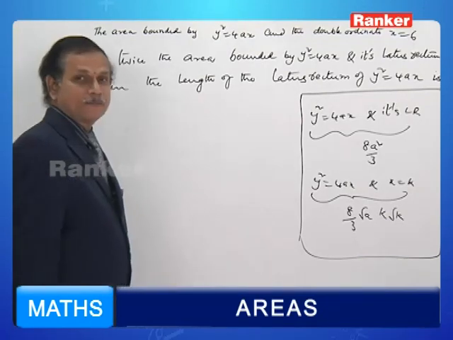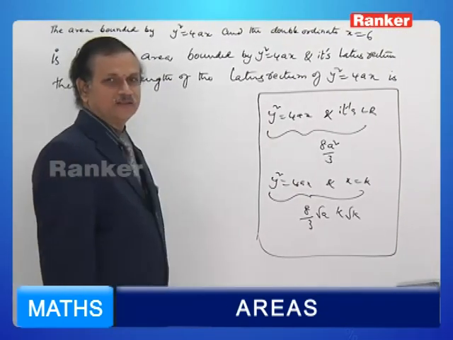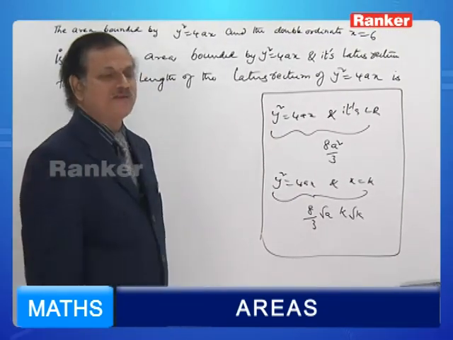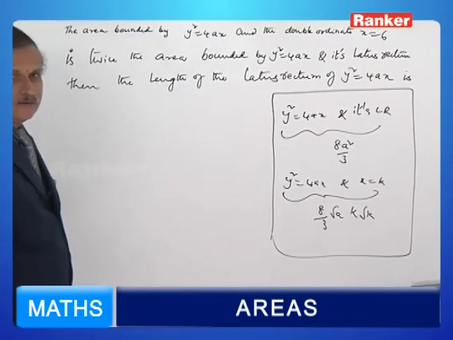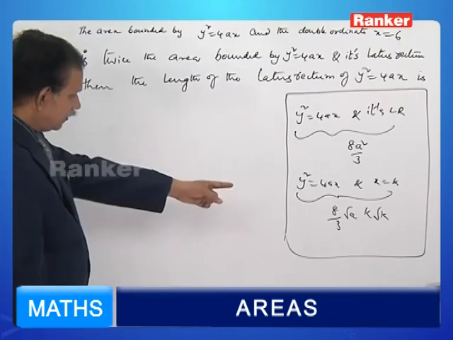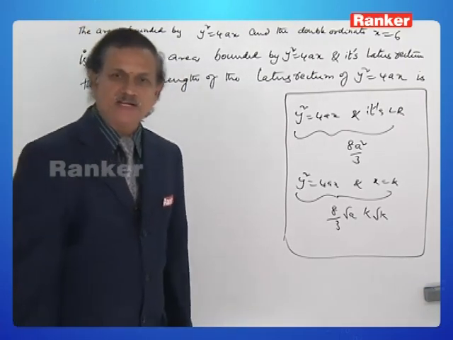So he means this area is twice this area. In such a case, find the latus rectum. Okay, what is the double ordinate given? x equal to 6.